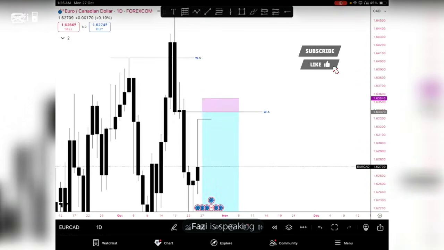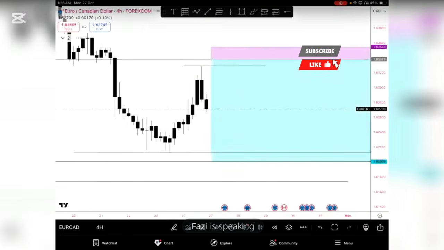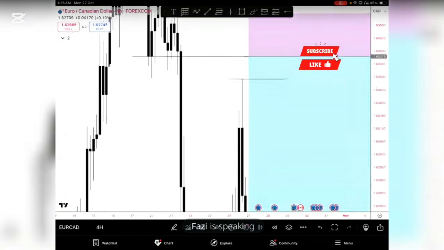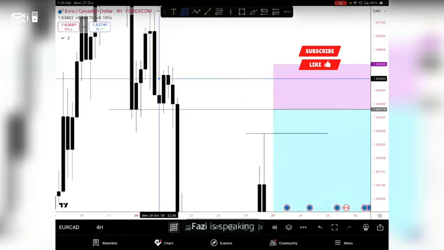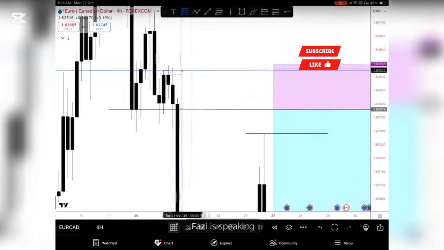For perfect entries, let's get into the lower time frame, which is H4. What does H4 tell you? Here on H4, you can see a sweep. The H4 created an A-shaped key level.